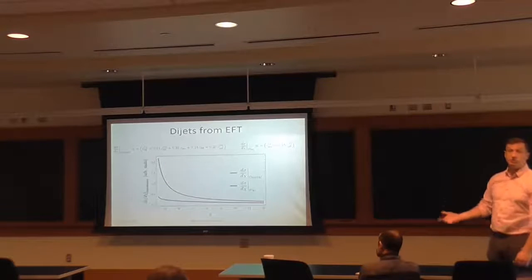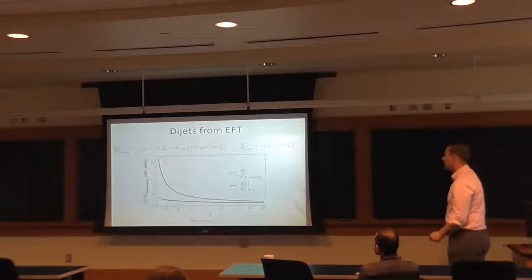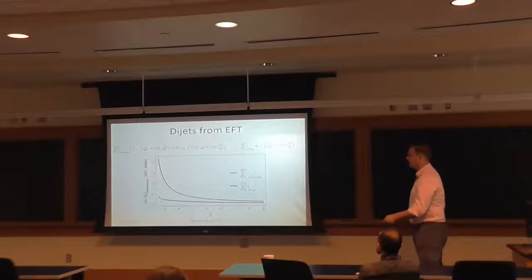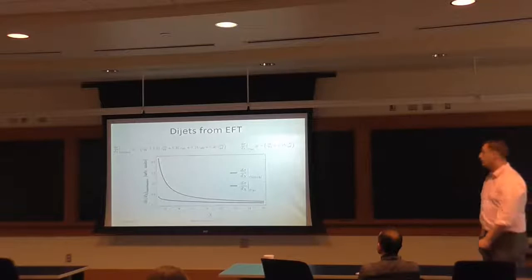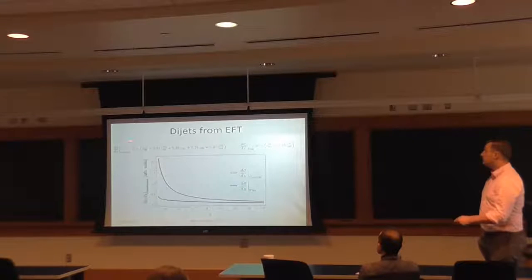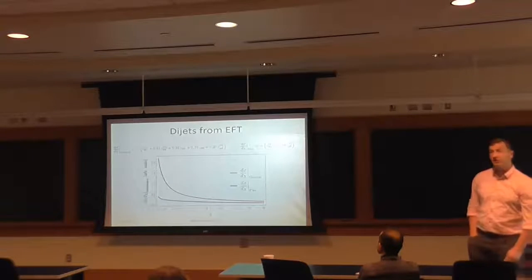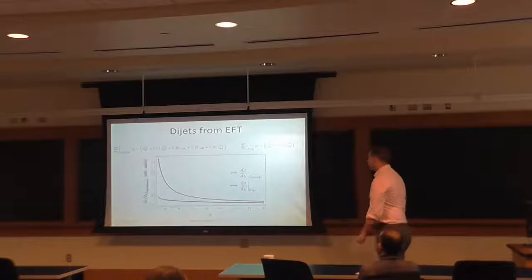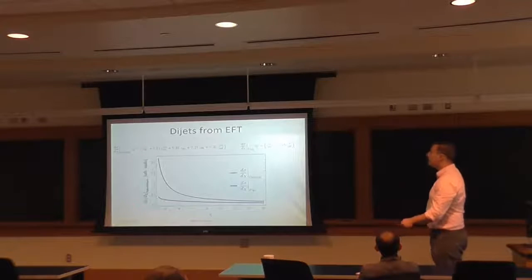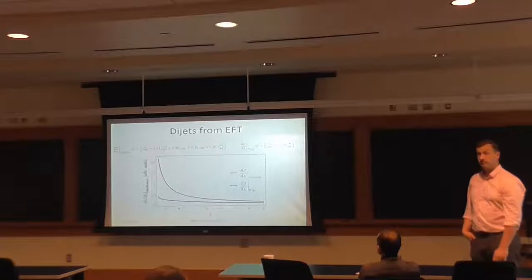So my signal distributions in dijets look vaguely like this. Chi is this angular variable, it's an exponential of the delta y. I get two distributions, one that's centrally peaked and another that's pretty flat. That kind of looks more like a T-channel exchange in its behavior. And these are both occurring at linear order at 1 over lambda squared.